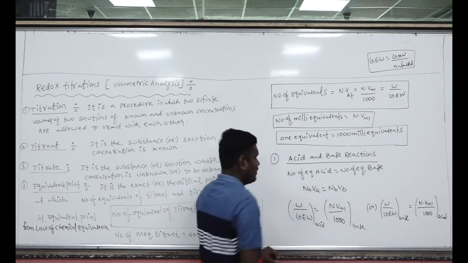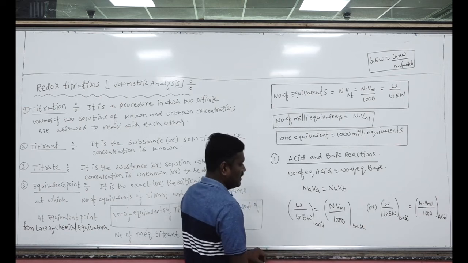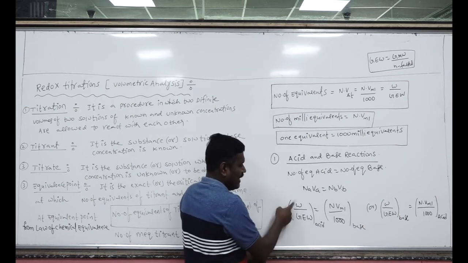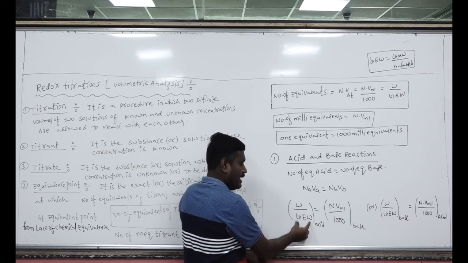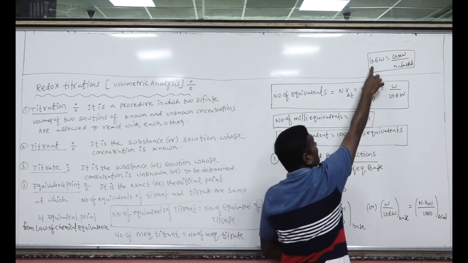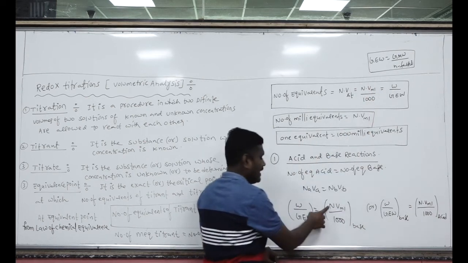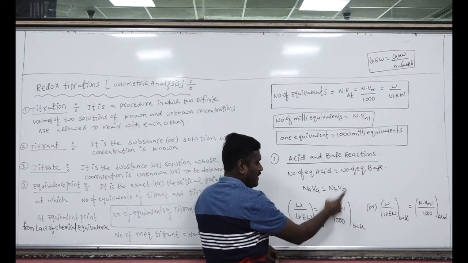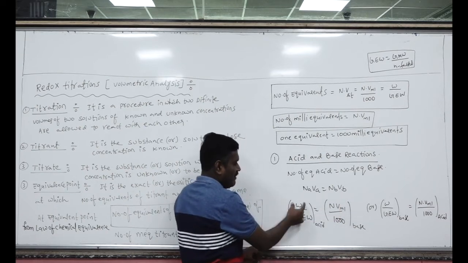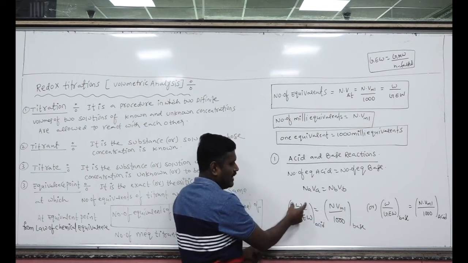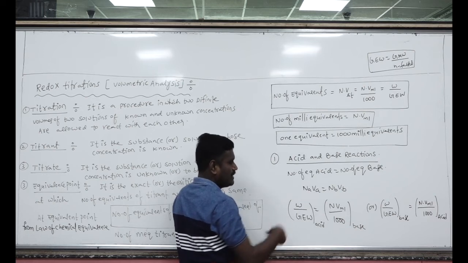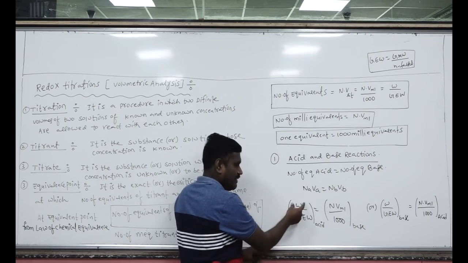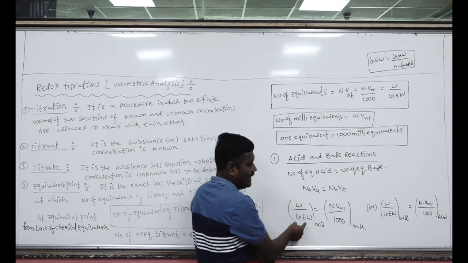Let's suppose this information regarding acid will be equal to normality into volume in ml by 1000 corresponding to base. In the given question, let's suppose the weight of acid is not given to you. Equivalent weight of acid we can find with the help of the molecular weight by N factor. So normality of a base given, volume of a base given. Can we find the weight of an acid required for the neutralization? Yes. Otherwise, if the weight of acid is given to you, equivalent weight we have to calculate.